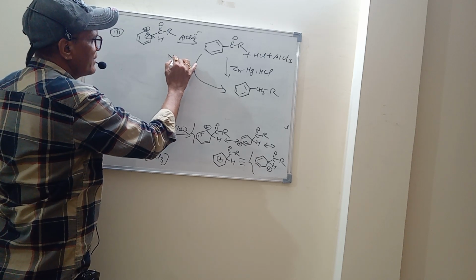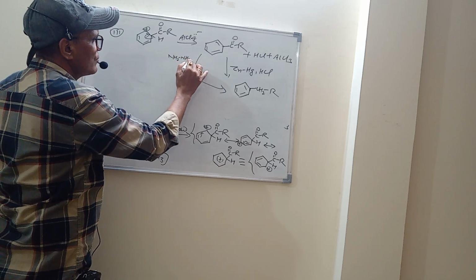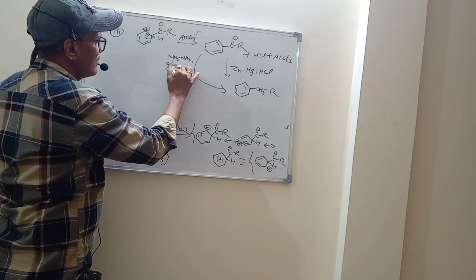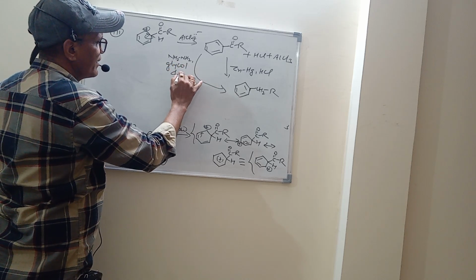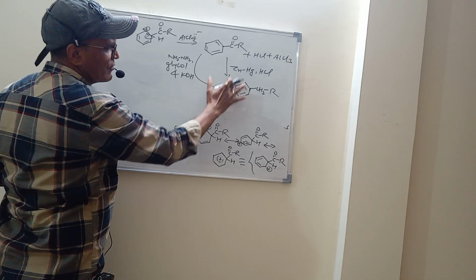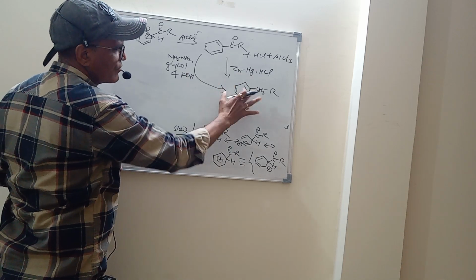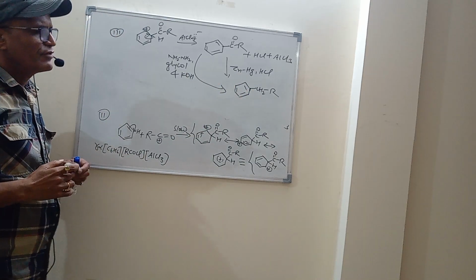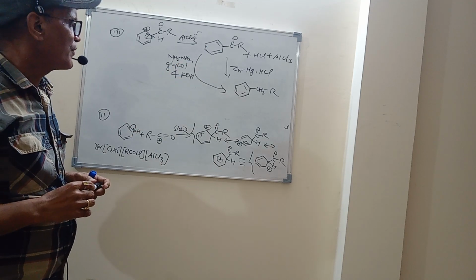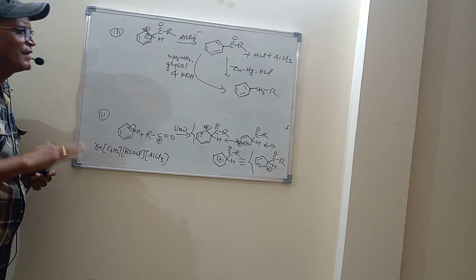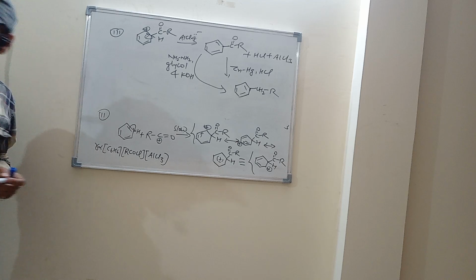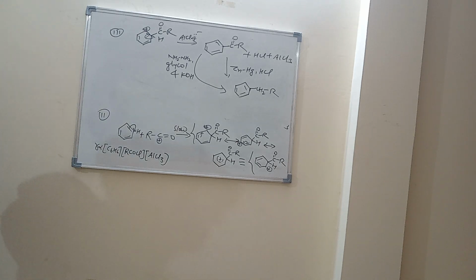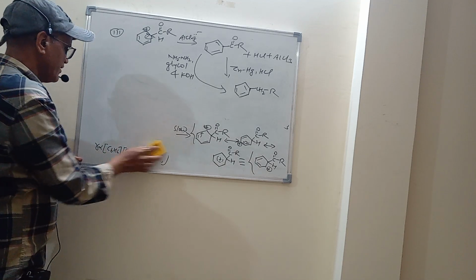In this case, the reagent is NH2NH2, glycol and KOH. So this is Clemmensen reduction and this is Wolff-Kishner reduction, and we can reduce this carbonyl group. So that's all in this case, that is Friedel-Crafts alkylation and acylation.